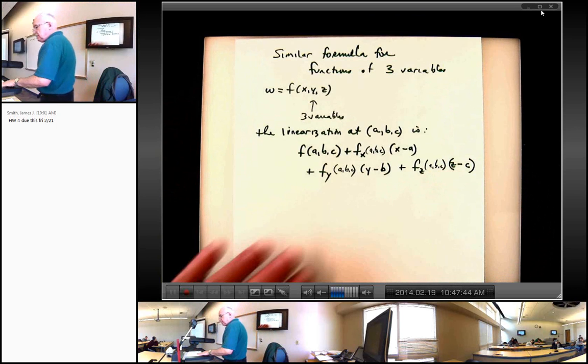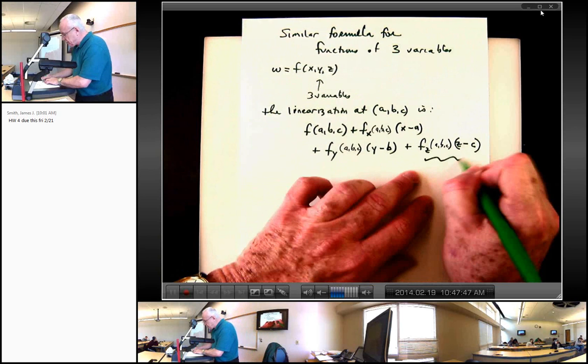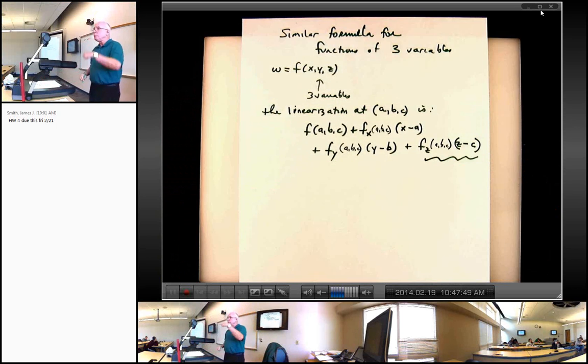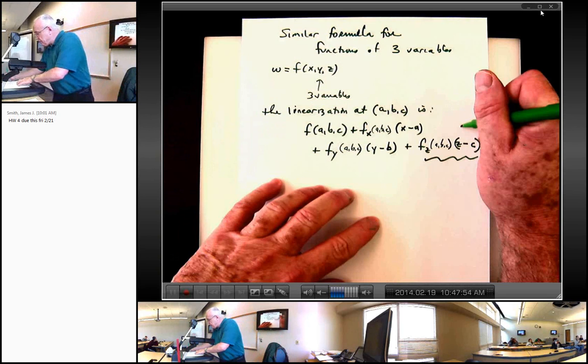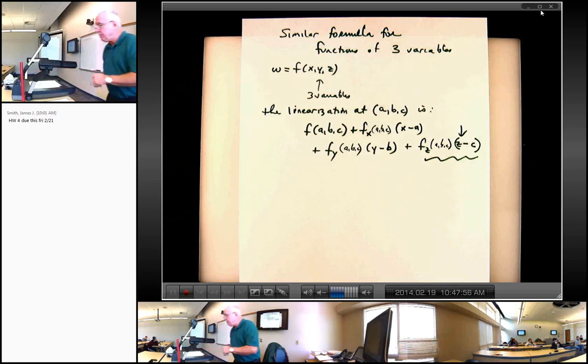So the only thing different here is that we have this additional term with the third partial derivative, times z minus c.